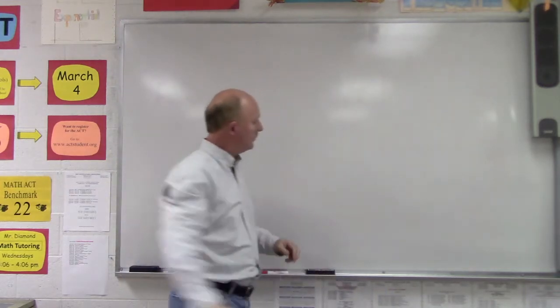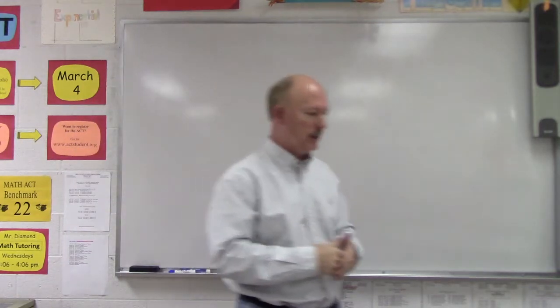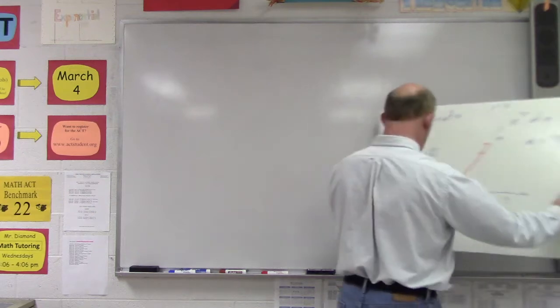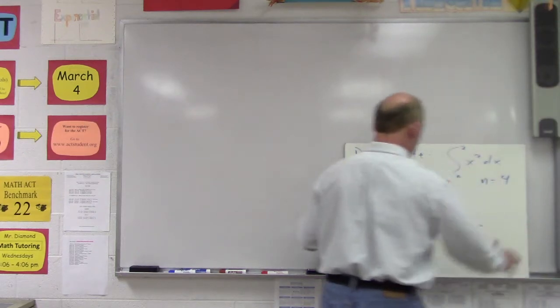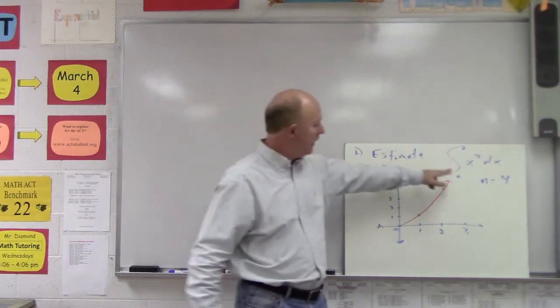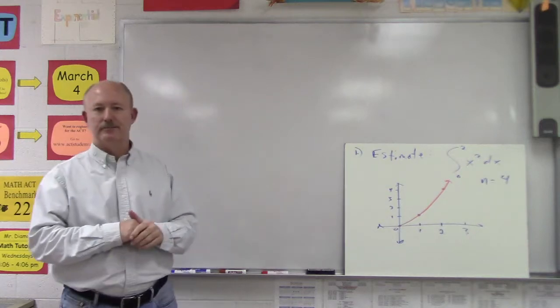Like I said, some definite integrals are very difficult or almost impossible to estimate. Here's our first problem. I'm going to set it up here. Just to save a little bit of time, I've already got the graph done and everything. So we're going to estimate the area between the curve and the x-axis from 0 to 2 of x squared.